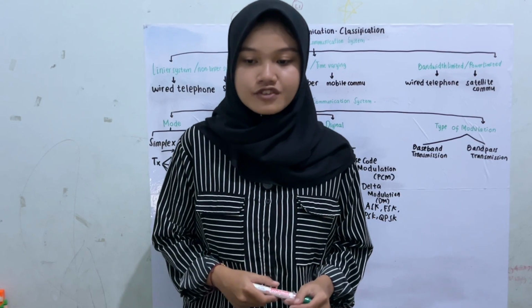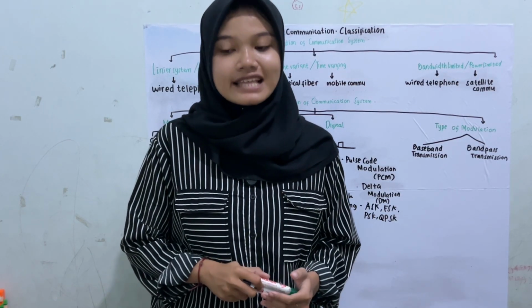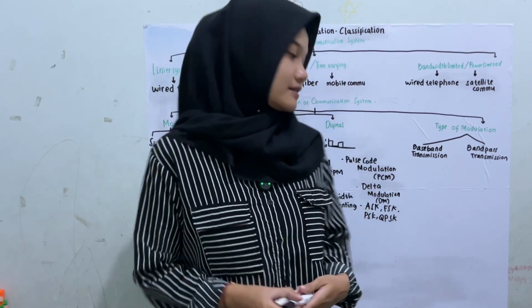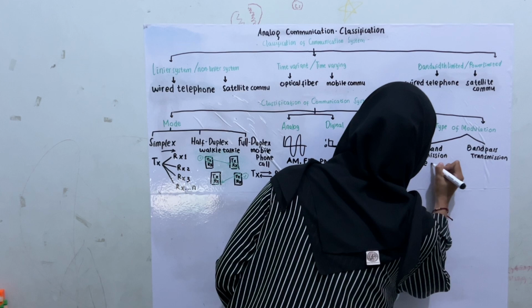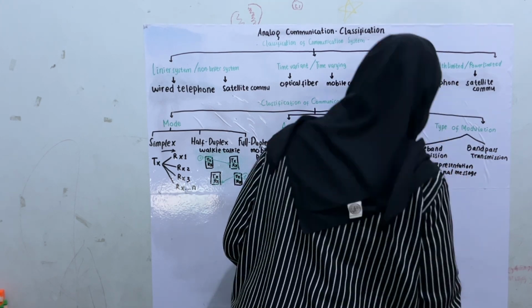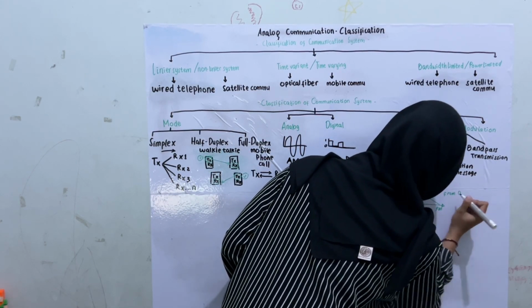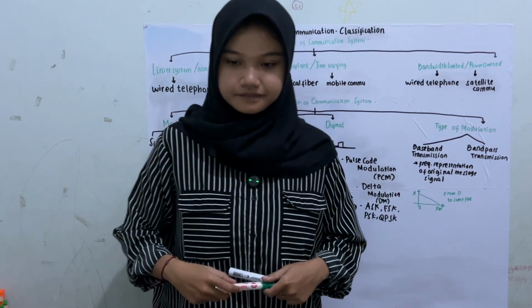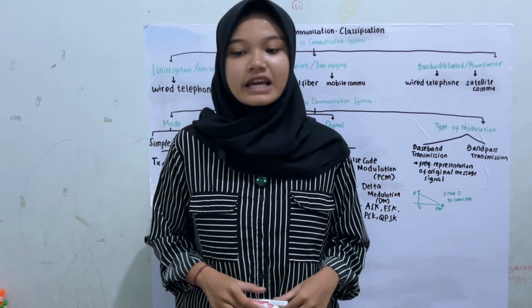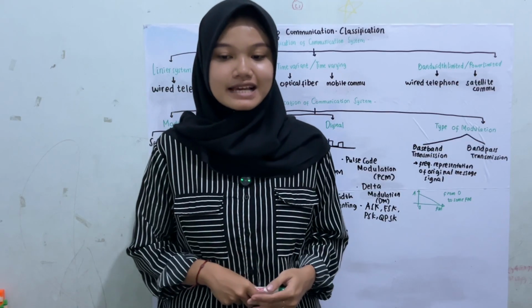The frequency spectrum of a baseband signal starts from 0 Hz and extends up to the highest frequency contained in the message signal. Because the signal is transmitted directly, the communication system becomes simpler and doesn't require a modulation process.